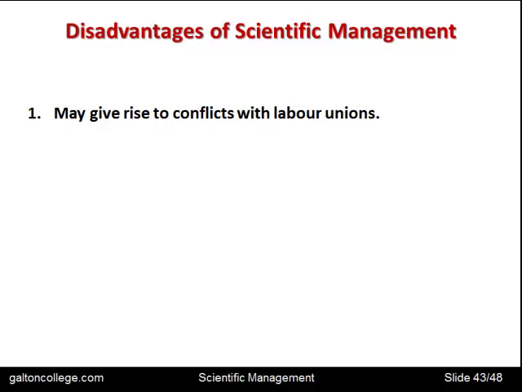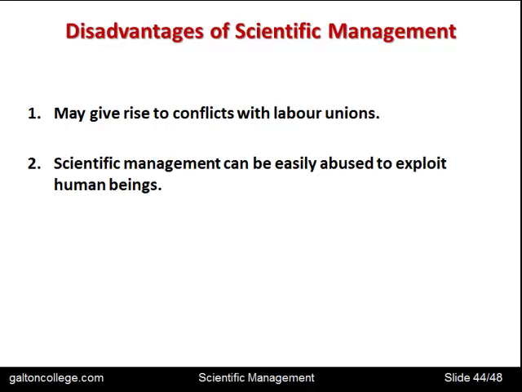And the machine is relentless, it's ongoing, it continually churns out bits and pieces that need to be dealt with by the operator, by the worker. So the working conditions were not very pleasant, and this may lead to conflict with the unions.